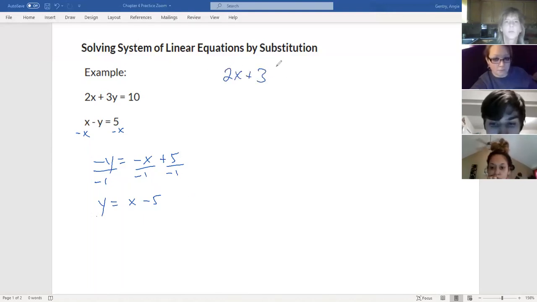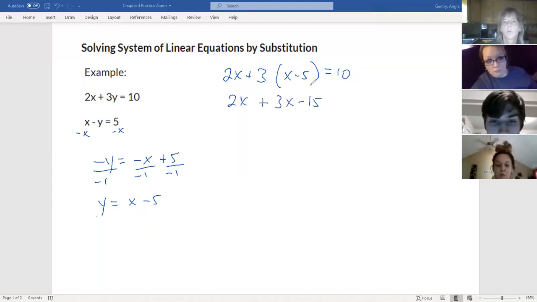2x plus 3 times y, which is x minus 5, equals 10. See, this time you'd be solving for the x's. Don't forget to distribute. Let's see if we get the same thing. 5x minus 15 equals 10. Plus 15, plus 15.